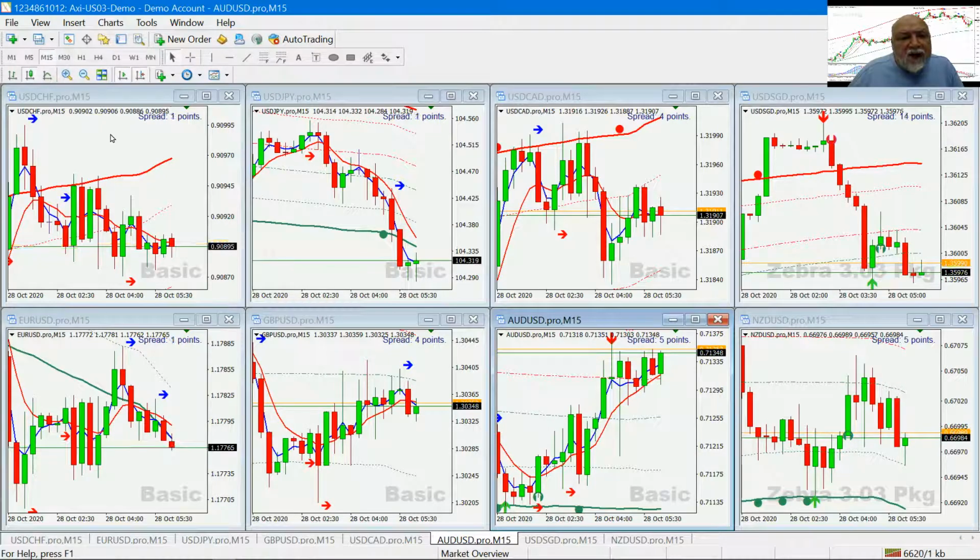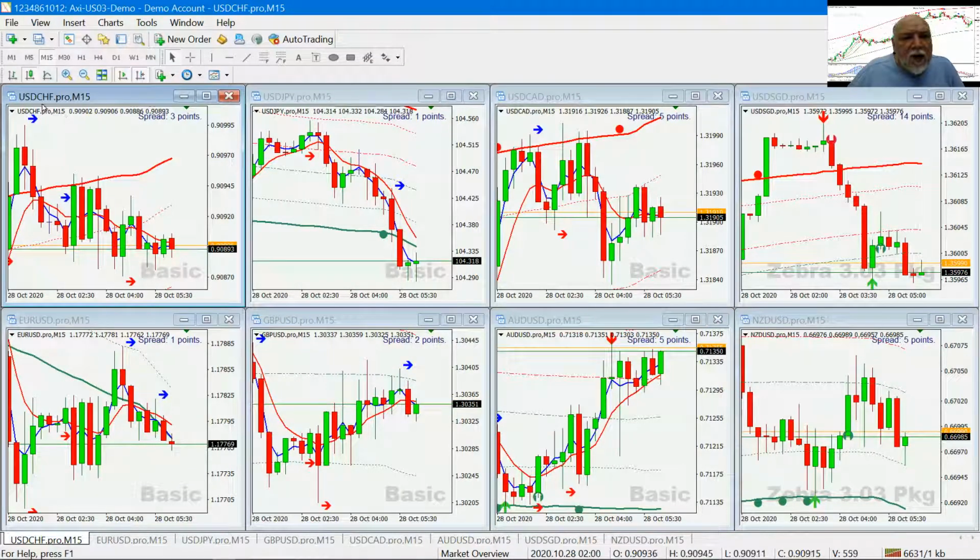I like to do this first on an hourly. All right, first on an hourly. So let's go ahead and start here. But look at this: USD Swiss. Next one on the top, USD JPY, USD CAD, USD Singapore dollar.